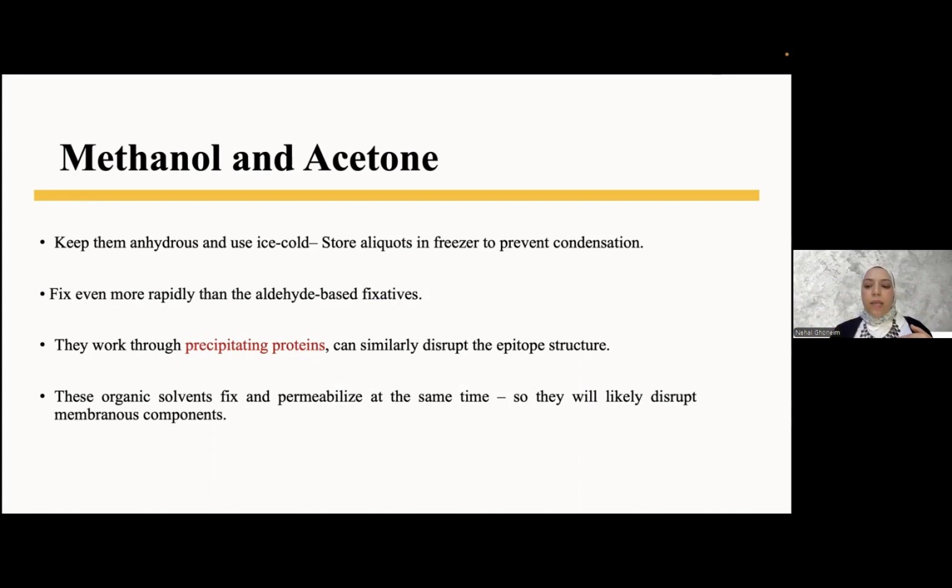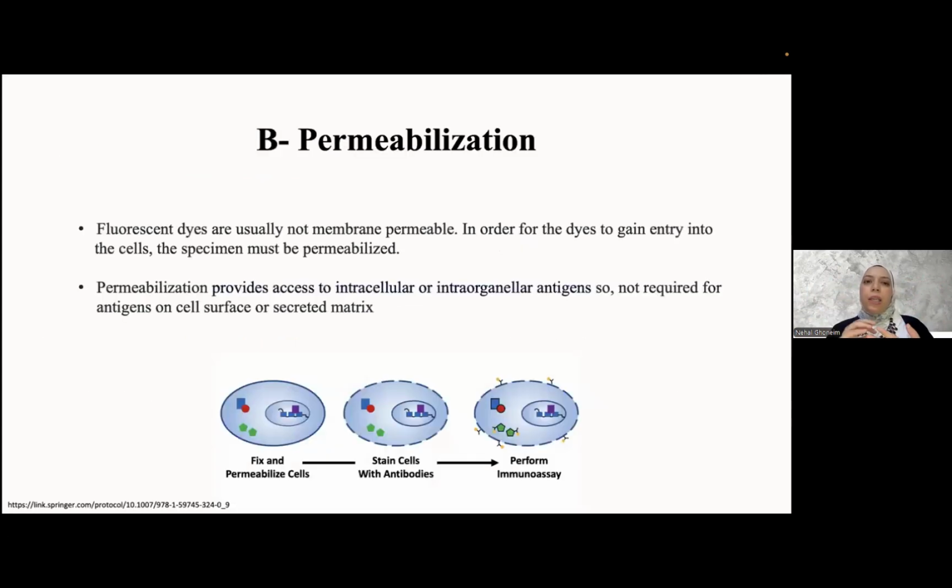The next step: our protein of interest is inside the cells, and the fluorescent dye is usually not membrane permeable. In order for the dyes and the antibodies to pass through the cell membrane, we have to form pores in the cell membrane.